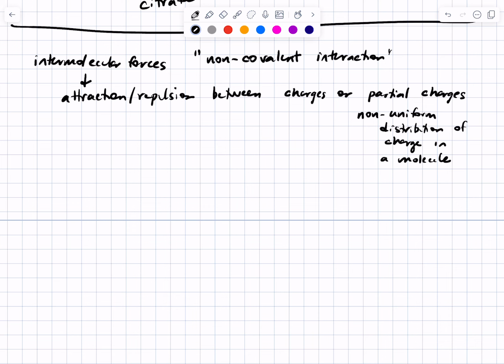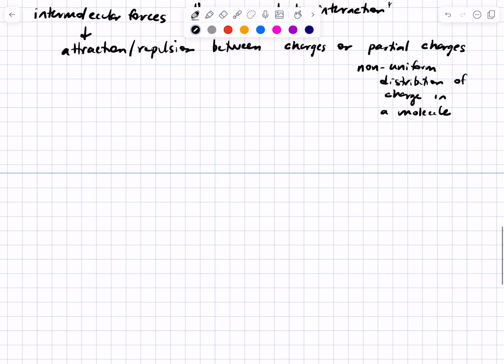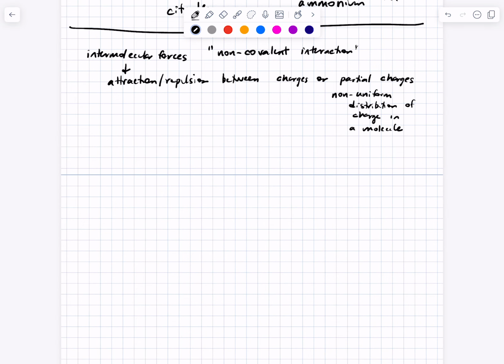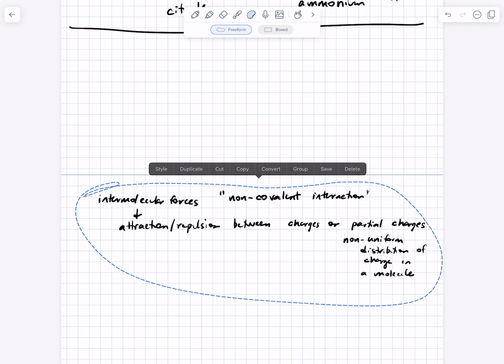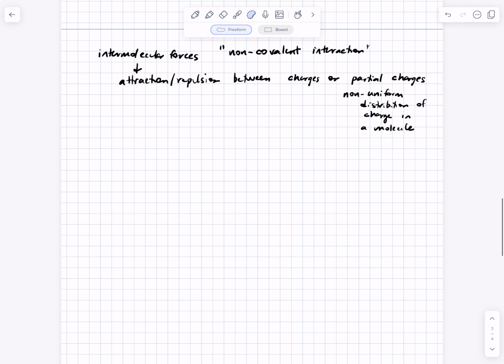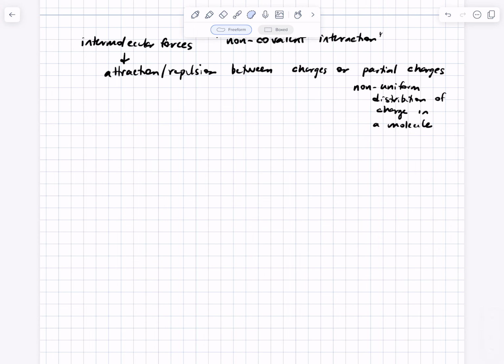And to some extent, you can mix and match these, all right? So let's first talk about the kinds of charges, partial charges, or non-uniform distribution of charges that you can encounter in an organic molecule. And then we'll talk about mixing and matching these to form various intermolecular forces or non-covalent interactions.